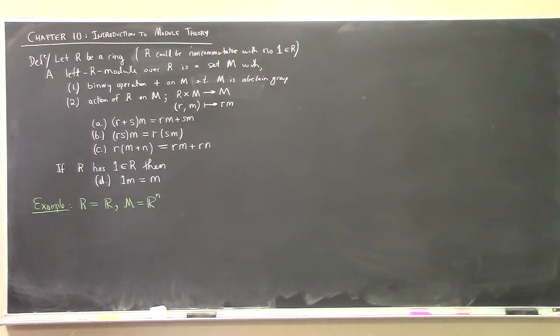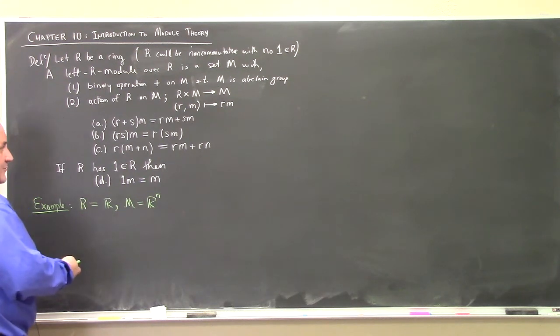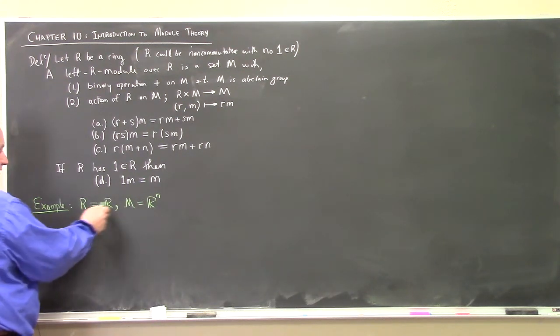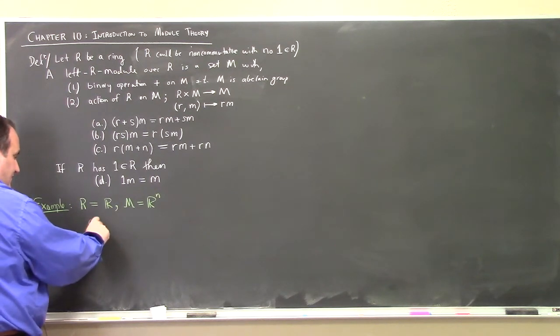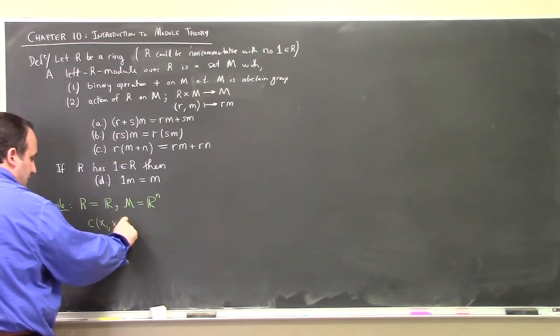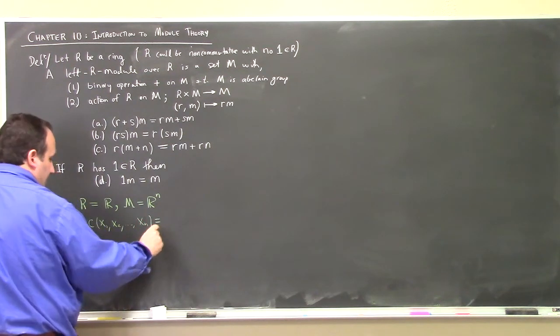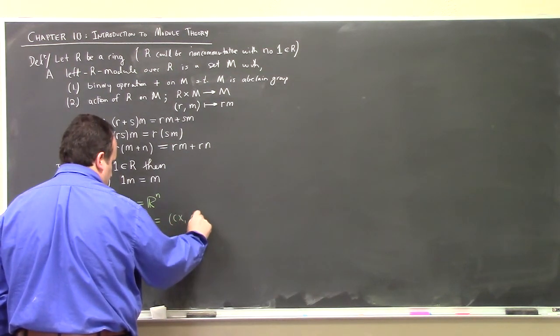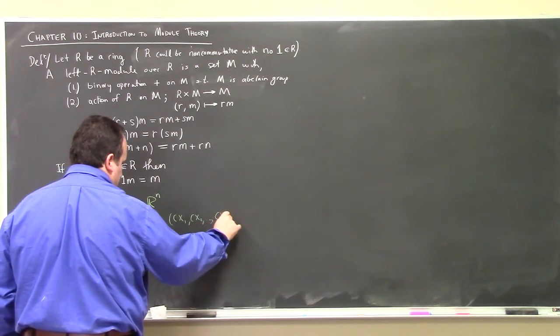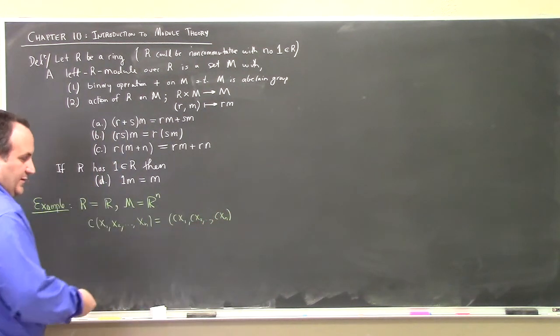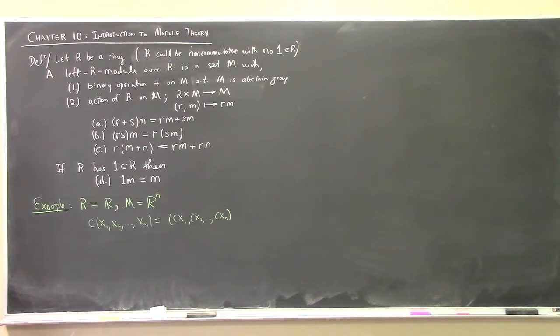It's an abelian group with respect to vector addition. You can add vectors together, you still get a vector. The zero vector is the zero for the space. Is R a ring? Sure. And how are we going to define the action of R on R^n? How about this? c times (x1, x2, ..., xn) is (cx1, cx2, ..., cxn), right? This is what we call scalar multiplication, right? So apparently, R^n is an R module.